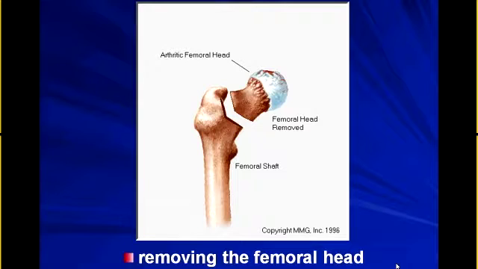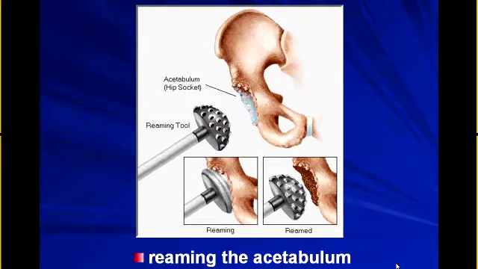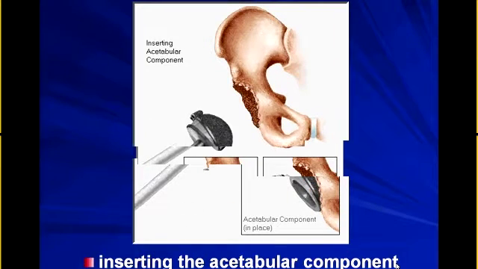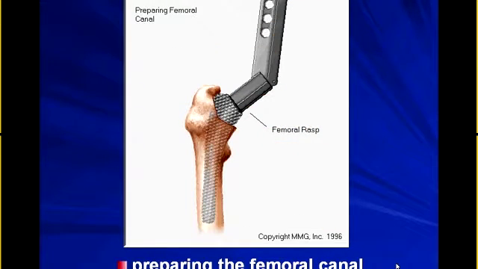So what happens surgically then is they will remove the femoral head, they remove the ligamentum teres, so that means loss of proprioception. They ream or dig out the acetabulum, and then they put in the acetabular component. Then they ream out the femoral canal, so they drill out that canal. So if they're going to use cemented, it has to be wider. And if it's uncemented, they'll have a narrow canal.